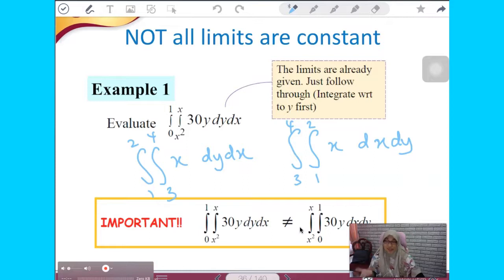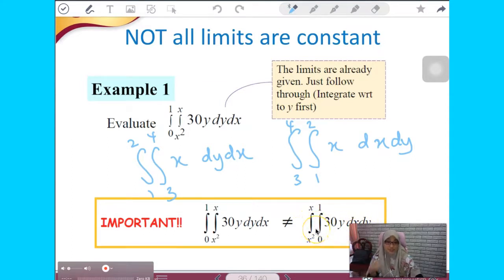This is mathematically incorrect, because we go back to the basics of the definite integral. A definite integral has limits for the given integration, so the final solution should be a value. But if you do this, I'm sure that at the end of your solution you will get an expression in terms of x.